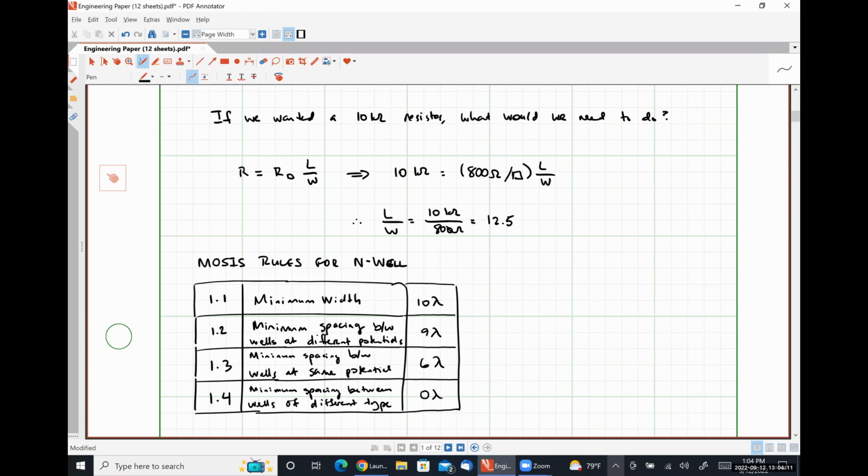So why is the minimum width of the well 10 lambda? Well, effectively, anything smaller than this, we can't guarantee that you're going to get the resistor ratio that you're looking for. So it's effectively saying it needs to be at least this large so that the mask alignment process can guarantee that the resistor is going to have the correct ratio to get the resistance that you're actually looking for. So it's got a little bit of wiggle room in there, but really anything smaller than that, you run the risk of your resistor not being the size you want.